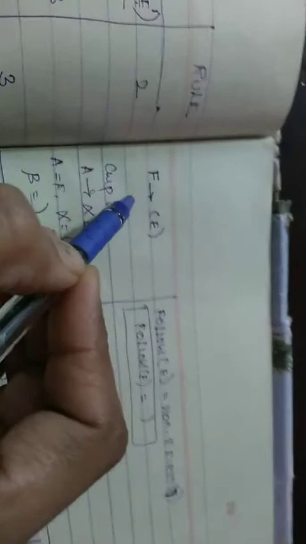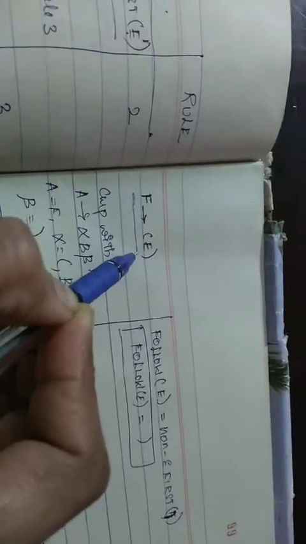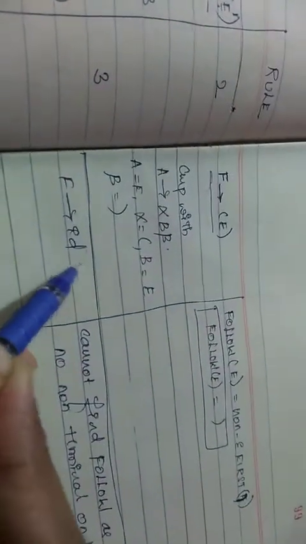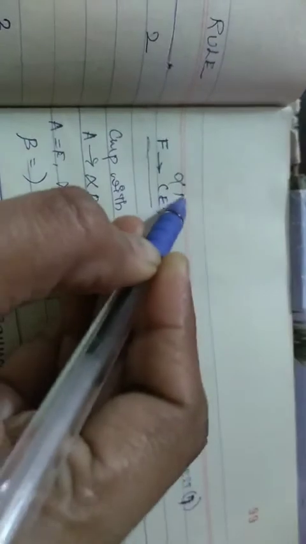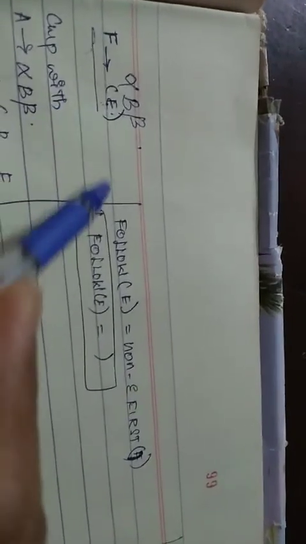Not a bother. So what is your last definition? F gives E or ID. For the ID it is not applicable because there is no non-terminal. But here you had a non-terminal. I can apply alpha, B, beta. Follow of B equals, what is B here?